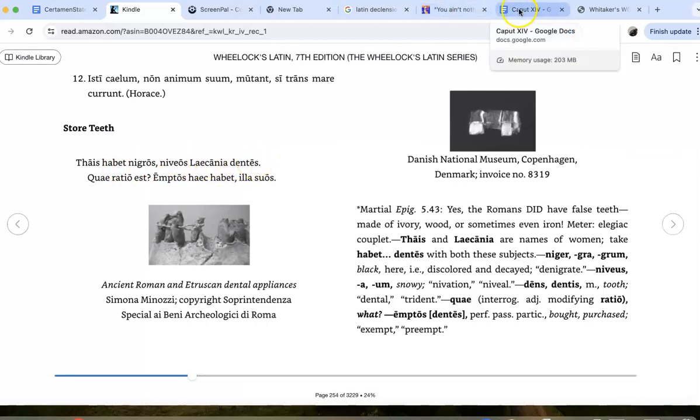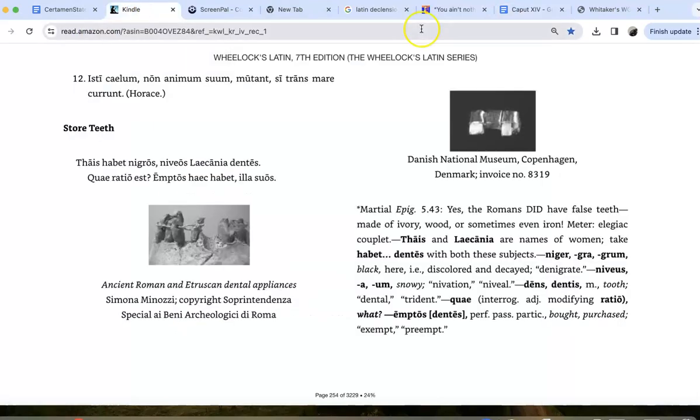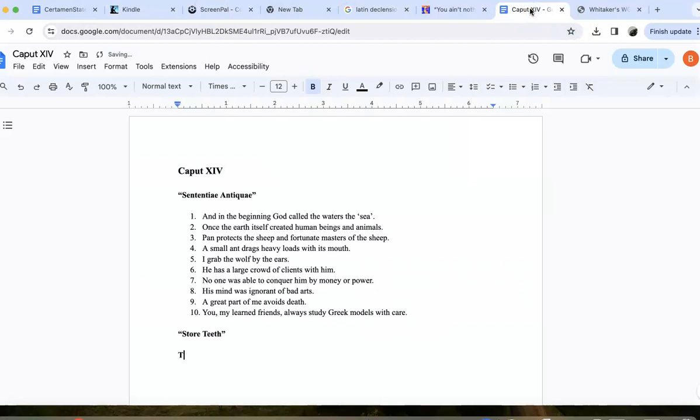So let's write that down. And we'll call this store teeth. And let's see, how are they spelled again? So Thais has black, I can type here.